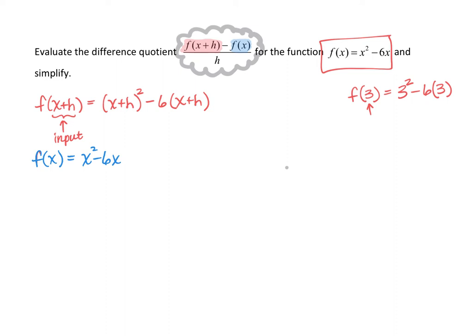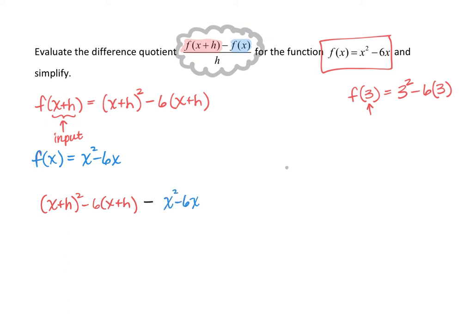So now that you hopefully can clearly see the two pieces in the numerator, then we can do the entire difference quotient now. So f of x plus h was x plus h, the quantity squared, minus 6 times x plus h. And then we are going to subtract f of x, which is the original function. In this case, that was x squared minus 6x.